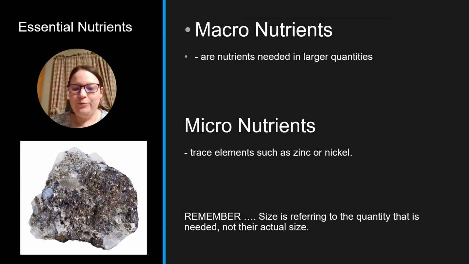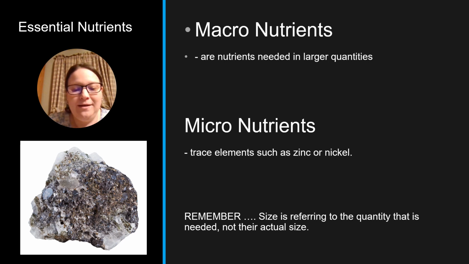There are two types of essential nutrients, the macronutrients and the micronutrients. Of course, macro means large, micro means small, but it is really important that we remember that the sizing refers to the quantity that is needed, not an actual size of the nutrient or the microorganism.